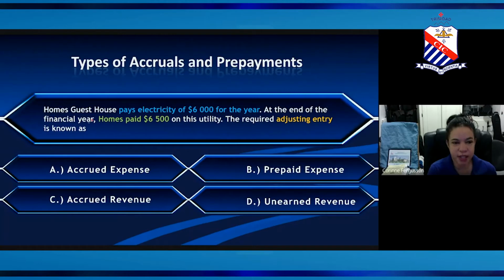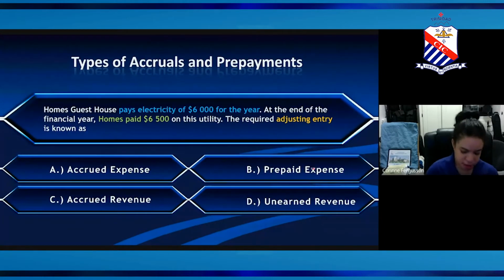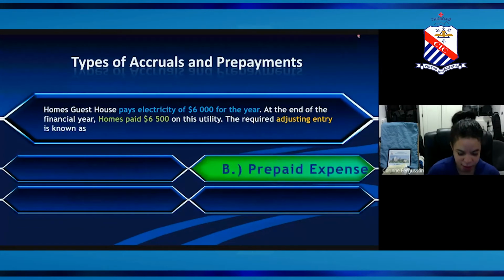At the end of the year, the guest house paid $6,500. What is this adjusting entry? Is this an accrual or a prepayment? And is it an accrued expense or prepaid expense, depending on which one it is? A prepaid expense. And you knew that because you paid more than the amount that was incurred.